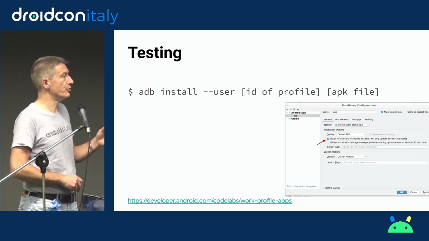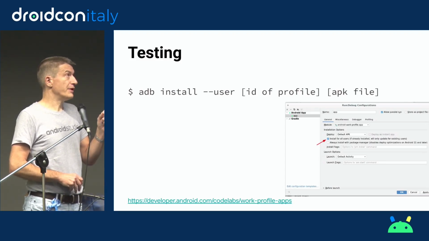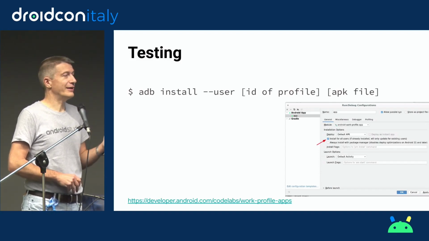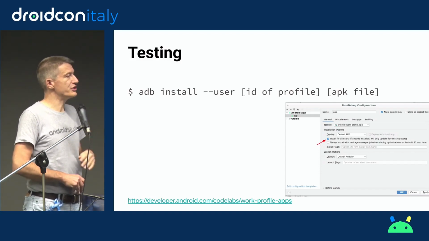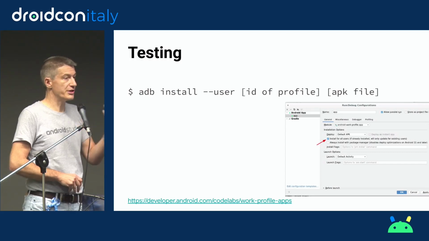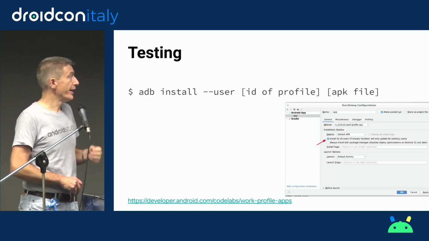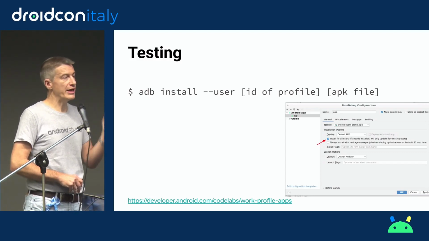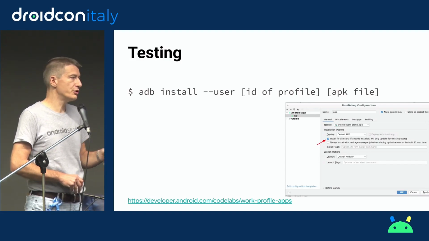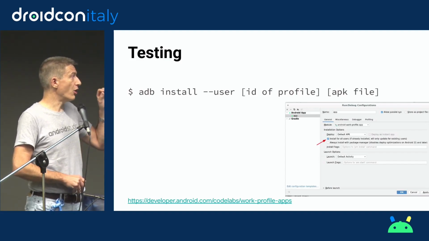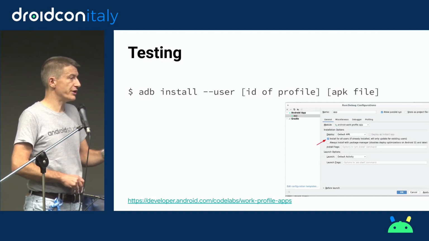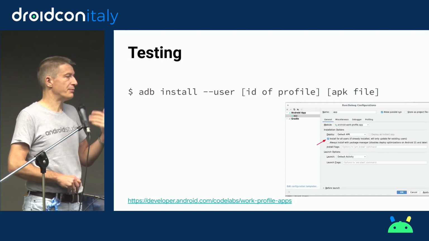Because if you normally install the application without passing the user, it's going to install the application on user 0, so on the personal one. And also from Android Studio, when you launch the application, it's going to install by default only on the first user, user 0, and launch the application on that user.